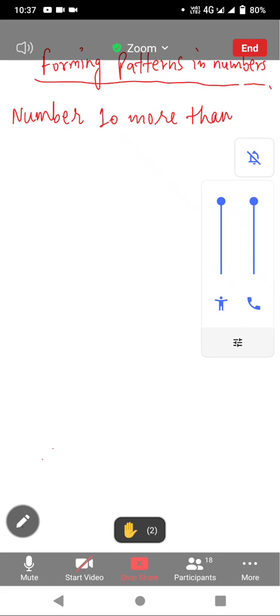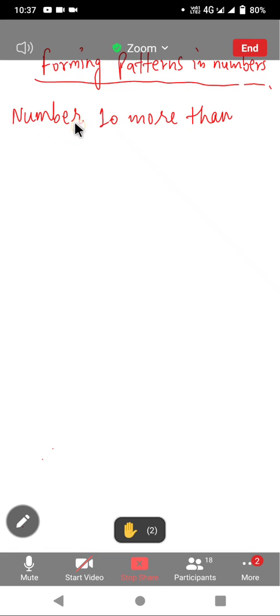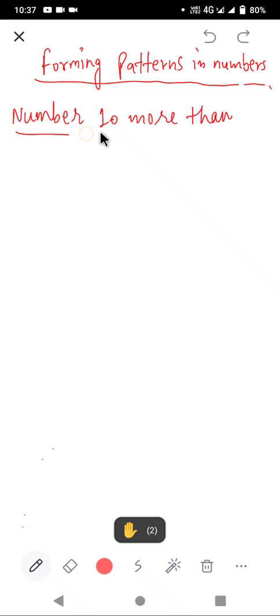How to find out 10 more than a number. So let's say we have a number 526.